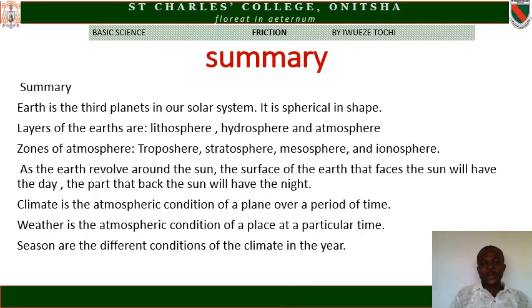Zones of the atmosphere are troposphere, stratosphere, mesosphere, and ionosphere. As the Earth revolves around the Sun, the surface of the Earth that faces the Sun will have the day, while the parts that face away from the Sun will have the night. That is how day and night come about.